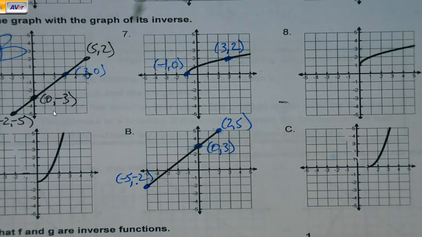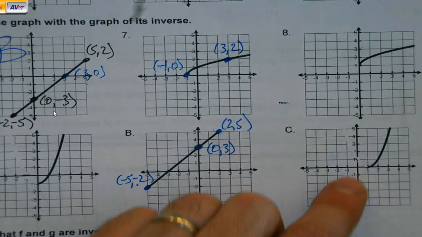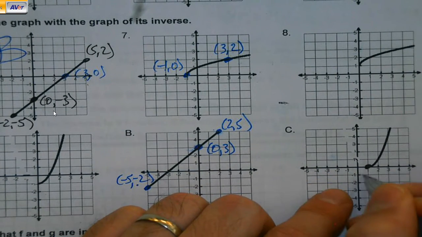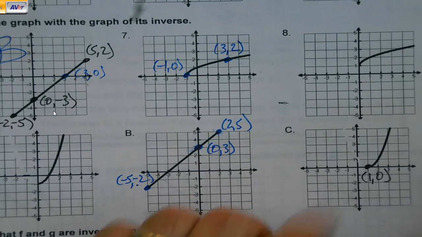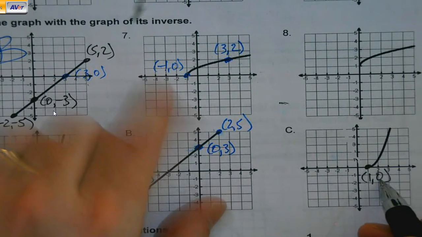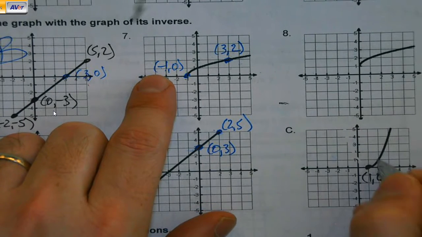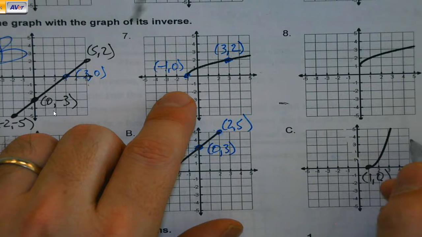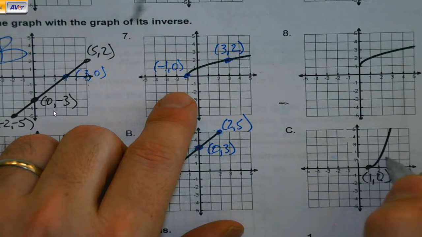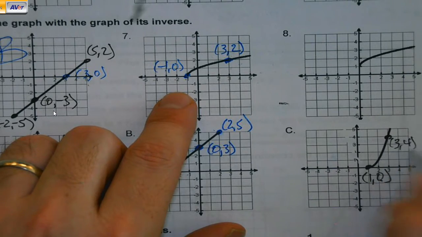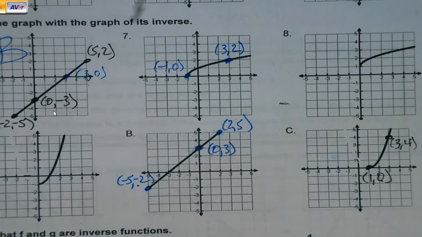C kind of looks close. Let's try this. So I try here and I go, okay, so this is at 1, 0. Then I'm like, well, wait a minute. 1, 0 and -1, 0, those aren't inverses. Let's try one more point. Let's see. Here. 3, 4. Okay, yeah, I don't think it's this one.